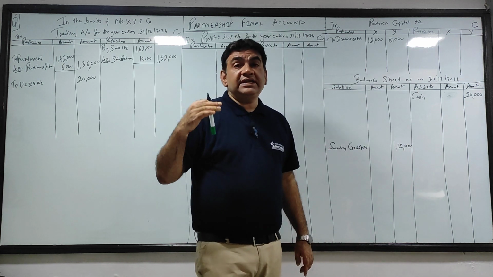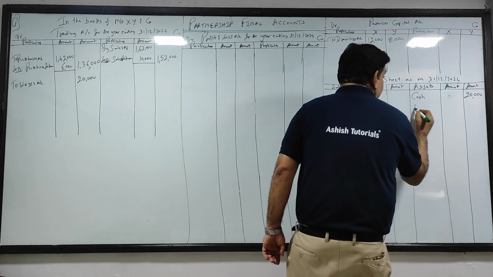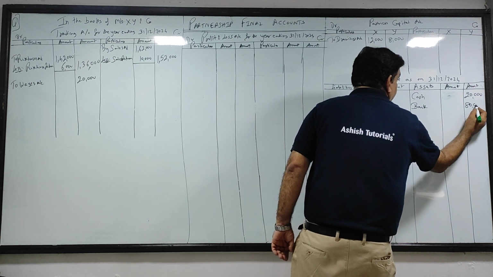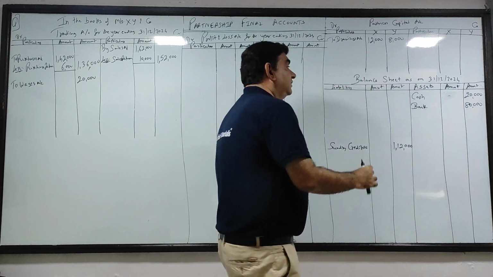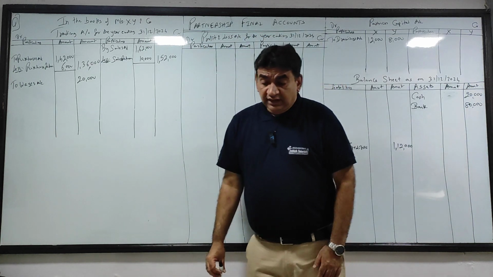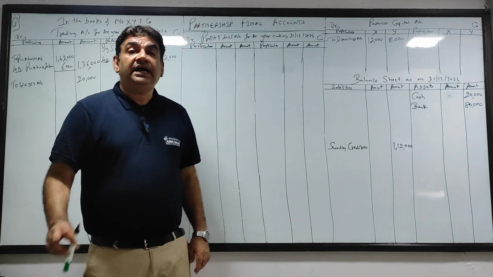That means our money, अपना पैसा बैंक के पास है, therefore it is an asset. Come to the asset side, below cash, right there, bank 80,000.